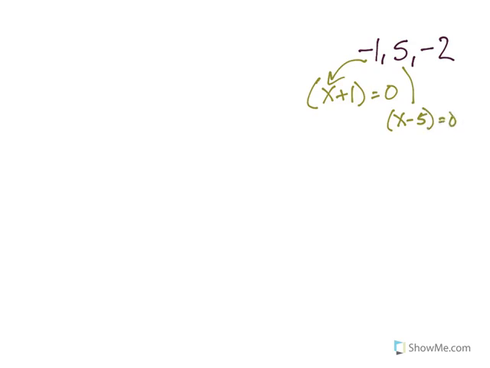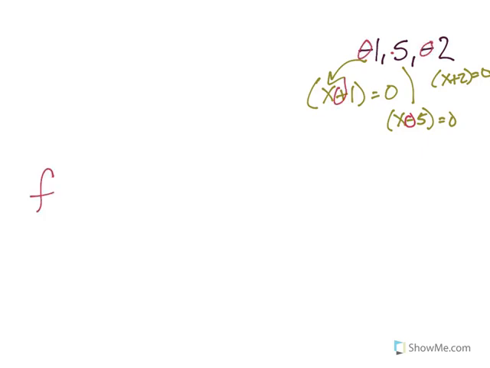So again, my zeros are negative 1, 5, and negative 2. Well, think about what that means. That means x plus 1 is going to be 0, right? That's the negative 1 that goes in. If I have 5, that's going to give me x minus 5, because when I plug in 5 for x, I get 0. And then x plus 2. So this is the idea. You kind of notice that the sign inside is opposite of what you see.